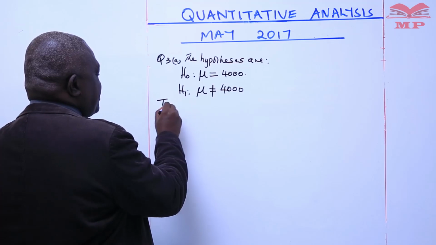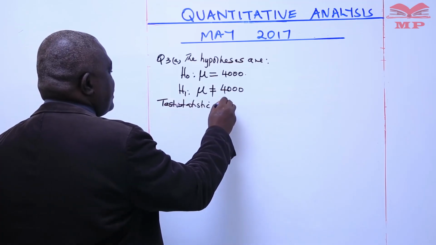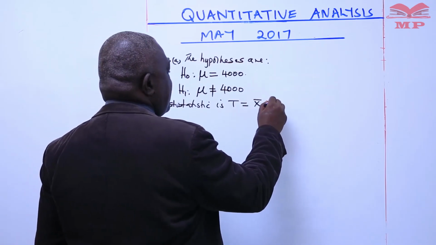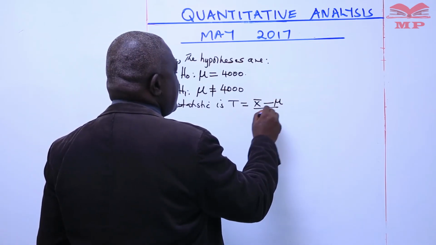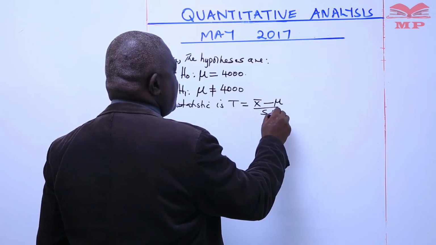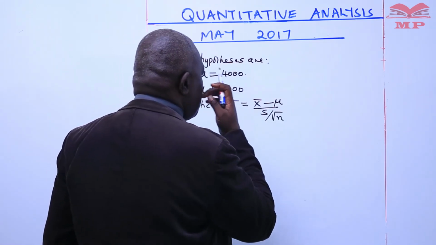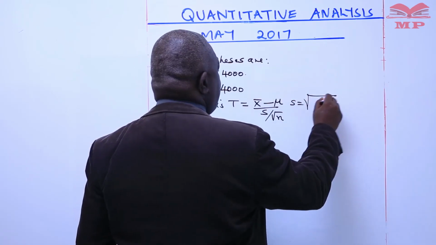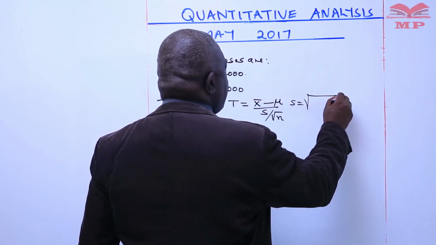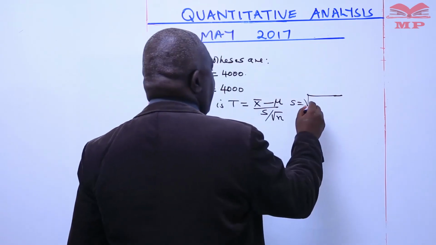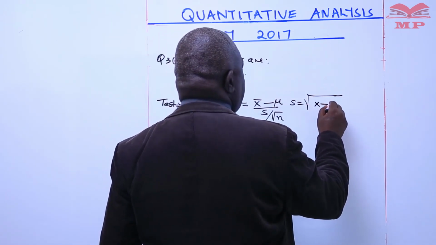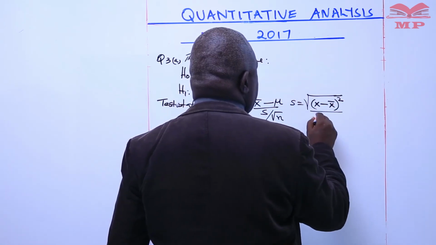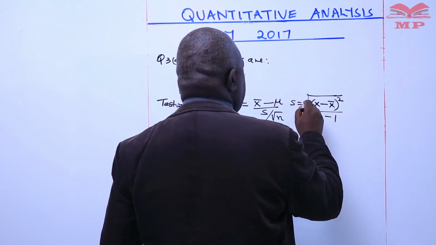The test statistic is T equals X bar minus mu all over S over root of N, where S is the root of the sum of X minus X bar squared, all over N minus 1.